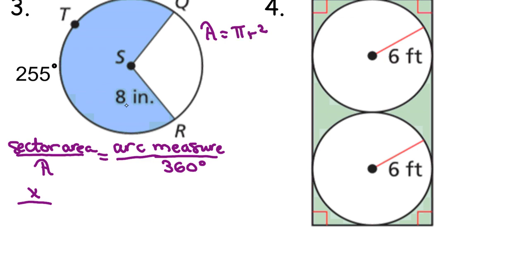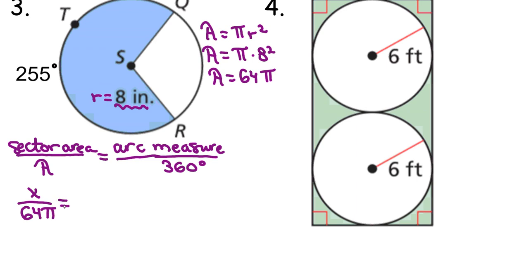The r value is the 8 inches that's given in the problem. So area is equal to pi times 8 squared, which is 64 pi. So 64 pi takes up that denominator.